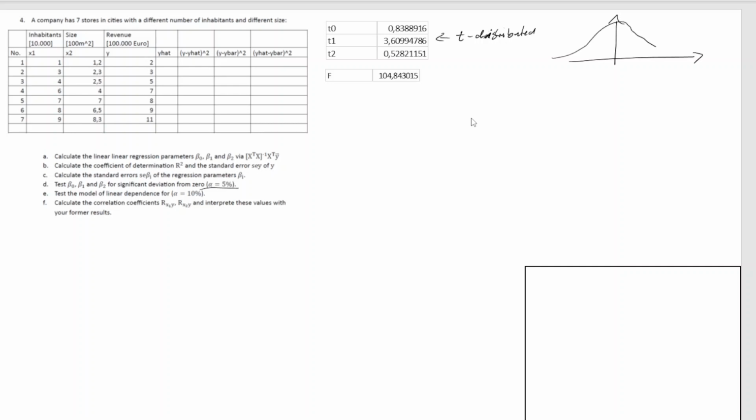The t distribution is symmetrically almost a normal distribution, and therefore we have now to look up the theoretical critical values such that this mass here and this mass here, how much probability mass we have to have in the two tails if the significance level should be 5%.